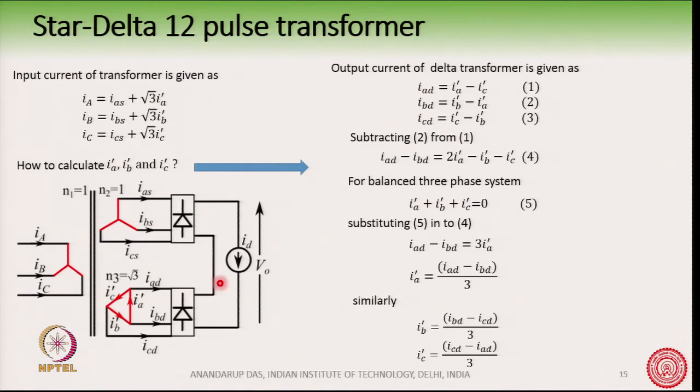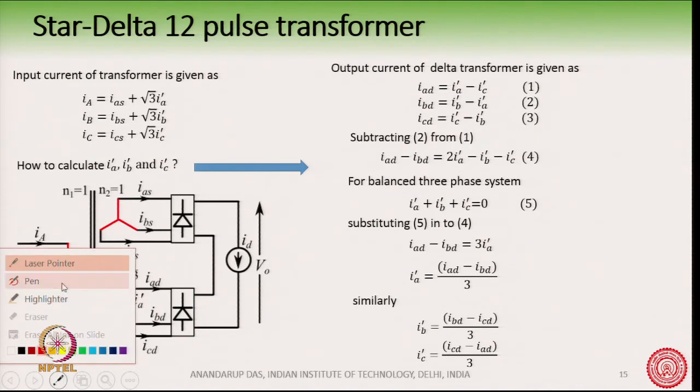Therefore, I capital A here is the sum of the contributions from these two transformers. So, I capital A is IAS plus √3 times IA dash, where this one has the turns ratio.